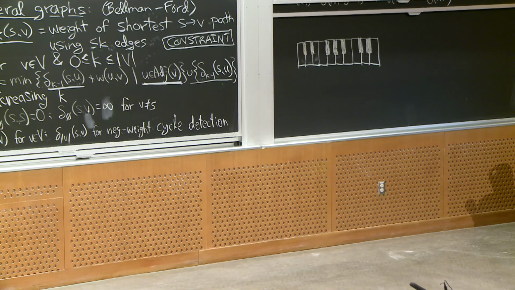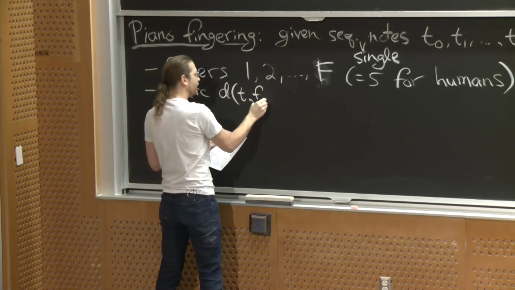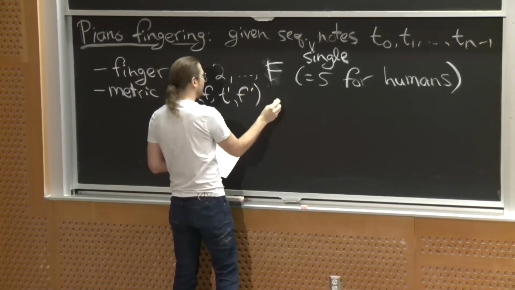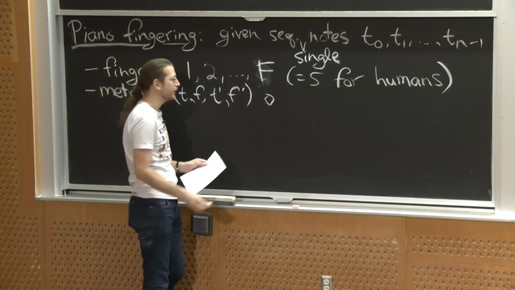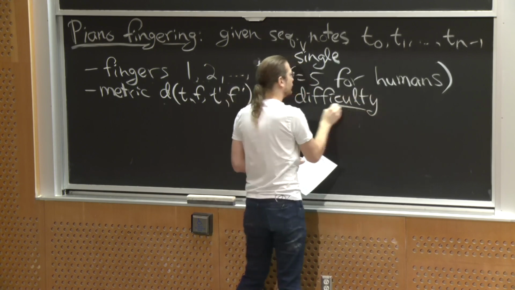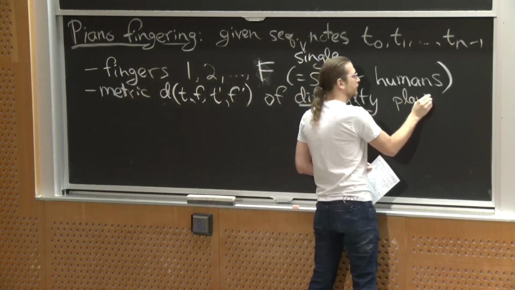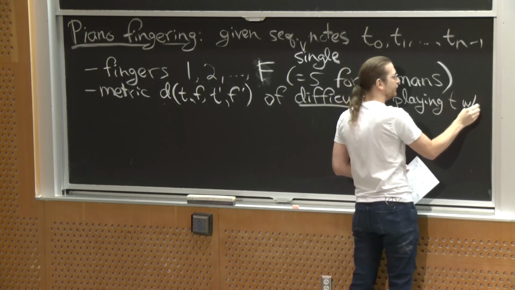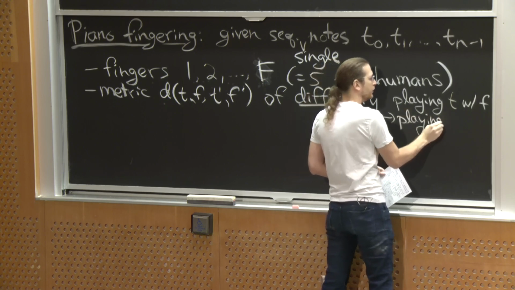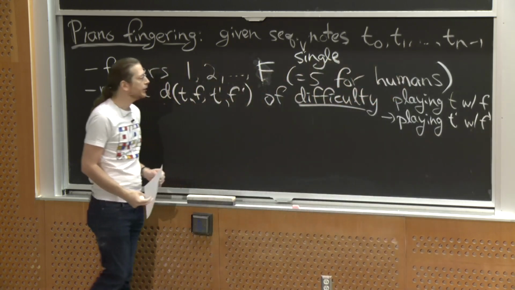I'm going to say that there's a metric, d, for if I'm at note T with finger F, and I want to go to note T prime with finger F prime, then this function, d of T, F, T prime, F prime, gives me the difficulty of playing note T with finger F, and then playing note T prime with finger F prime. So this is a transition difficulty.